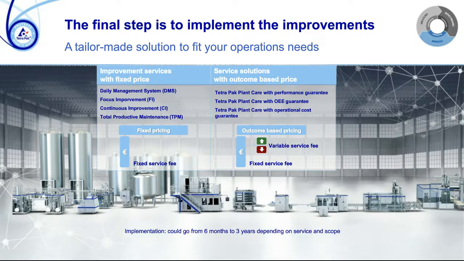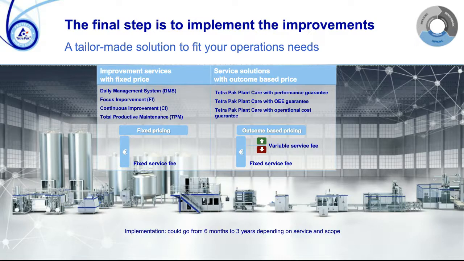So we have some examples here. As you can see, we can have some services just like the daily management system, which we call for short DMS. We can have focus improvement projects or focus improvement route. We call them FI, or continuous improvement project in a larger scale, and we call them CI.